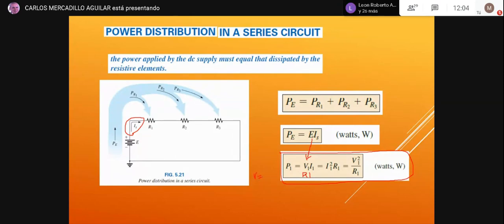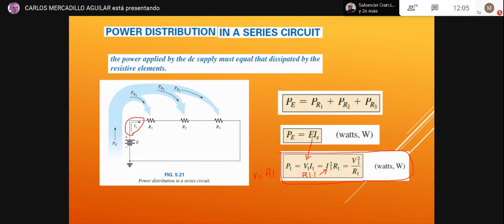You remember by Ohm's law, V equals RI. Then we substitute this value here, and this will be R times I times I. So this is R I squared and comes to here.